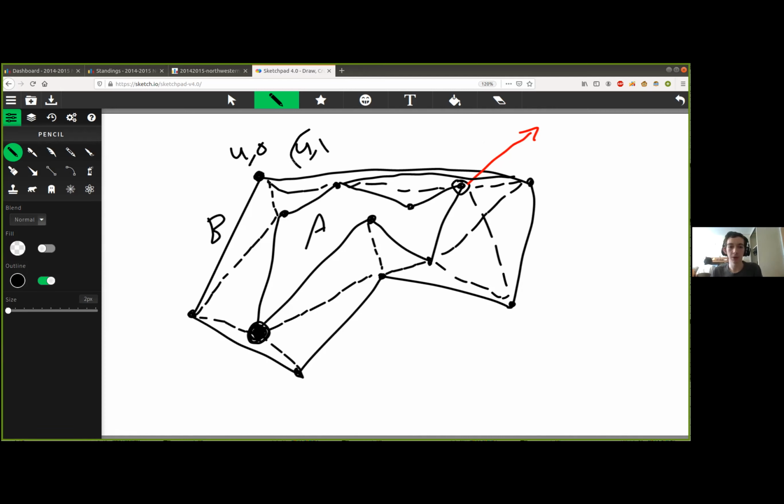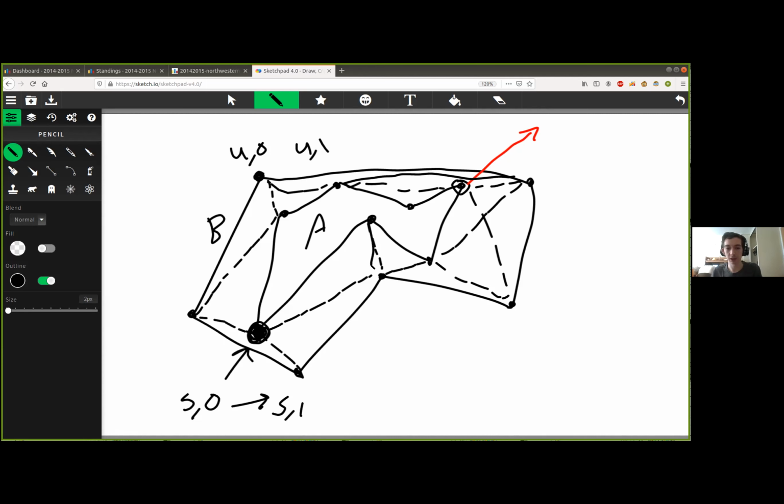And U1 says I've crossed the ray counterclockwise once. That's basically what I do. Overall, we want to find a path. If this is node S, then we want to find a path from S0 to S1.